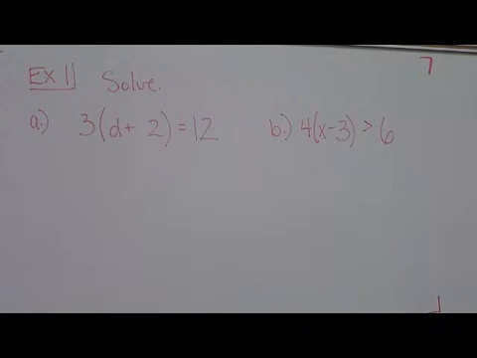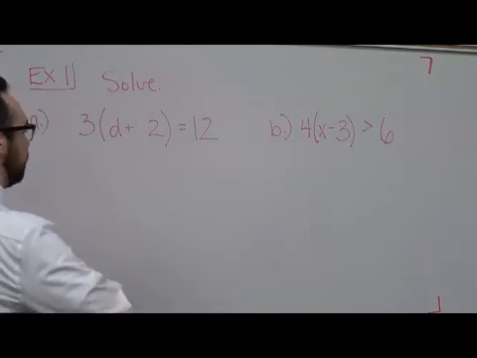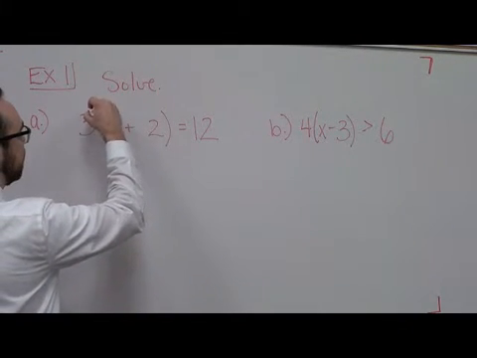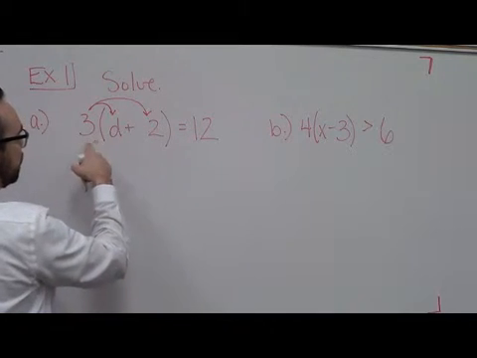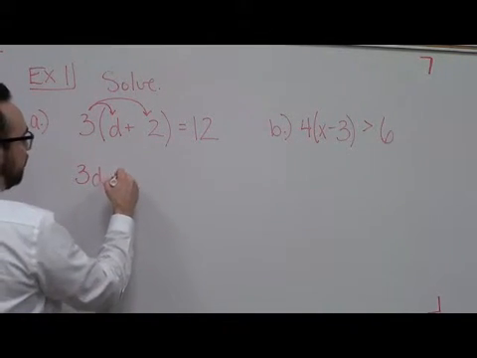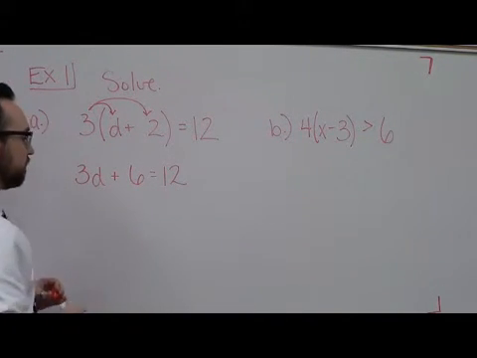So the first part of this, when we have the grouping symbols, would be to distribute to whatever's in front of the variable. So for this particular problem, we have to distribute the 3 to both the d and the 2. So 3 times d, remember you multiply it, gives us 3d, plus 3 times 2 gives us 6, is equal to 12.